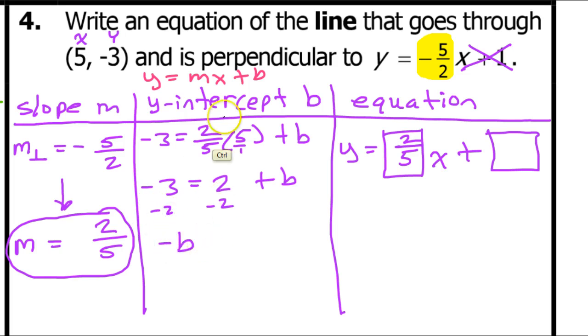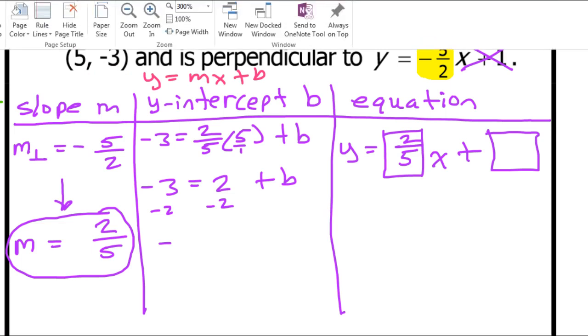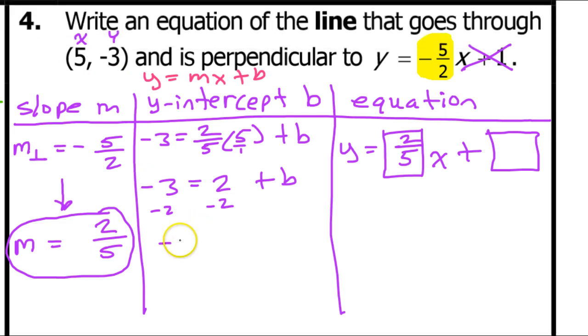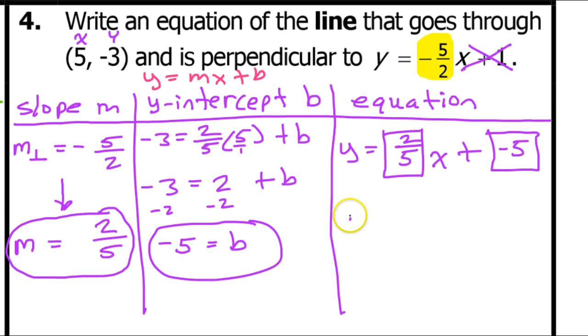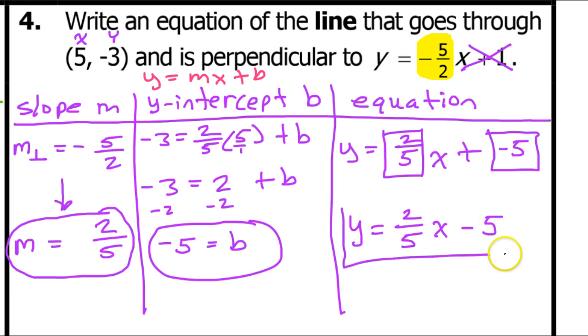That gives you, whoops, trying to write a -5, but that looks like a b. That's going to give you -5 is equal to b. So b is equal to -5. So boom. So that means the final answer is y is equal to 2/5 x minus 5. And there you go.